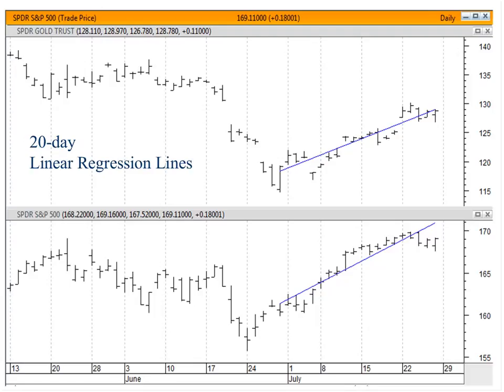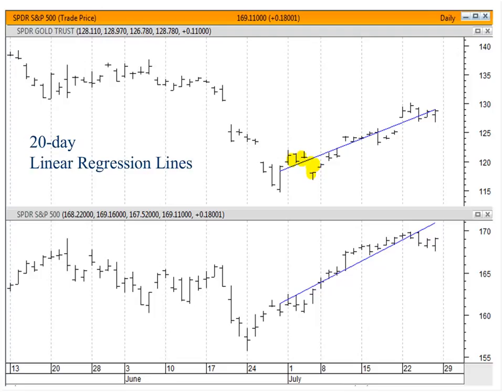Now, what is a linear regression line? Time won't let me dive into that part of it right now, but basically, it finds the line where the average distance from the data points to the line is the smallest. That's the best way to describe it. It's the line that you drew such that if you were to measure the distance between each data point and the line, it would be the smallest.